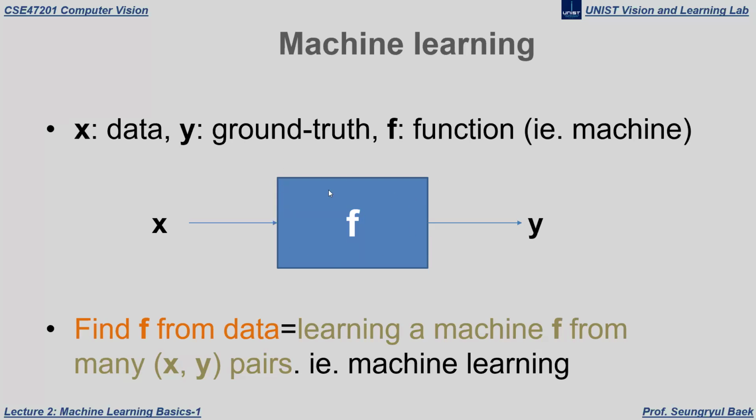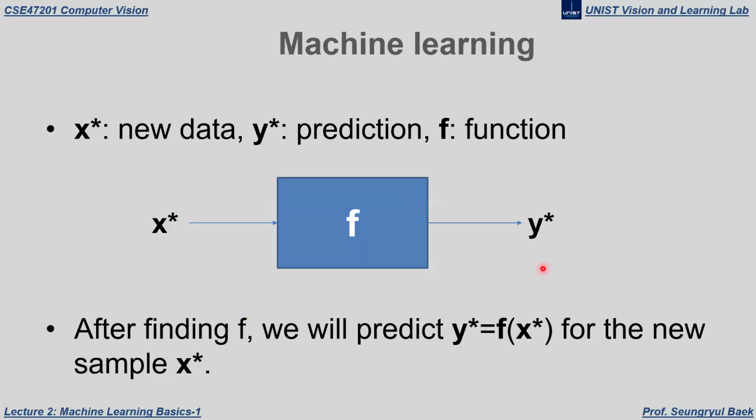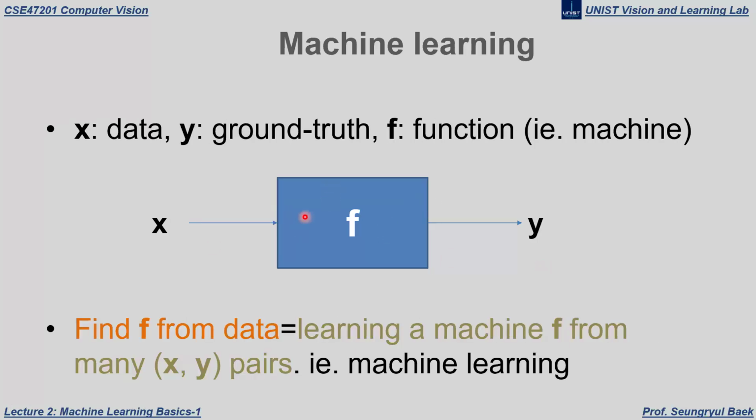You can think of this as some mathematical function, right? This F is the machine, and X is the input to this system, and Y is the output of this system.